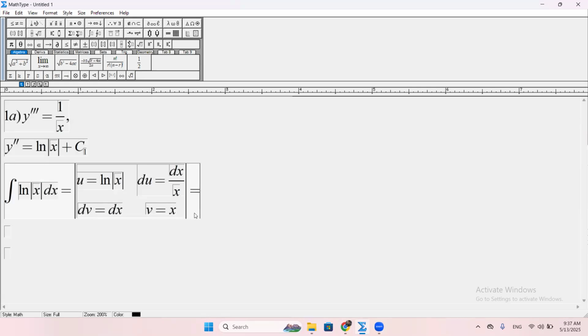So x logarithm of module x plus integral of dx.